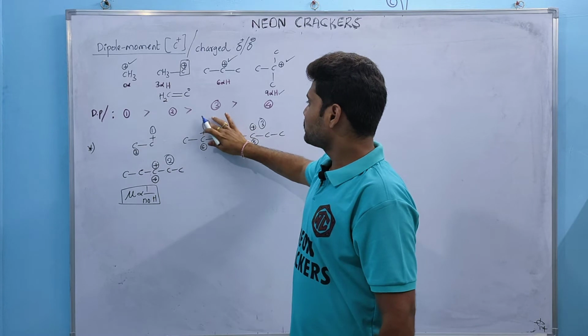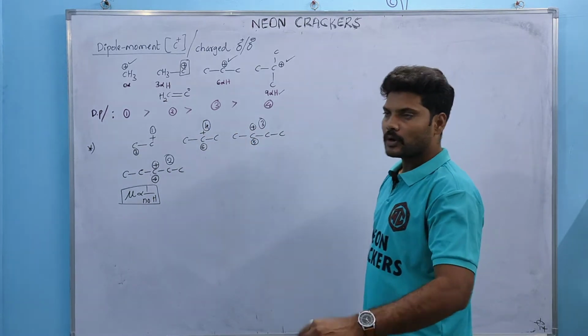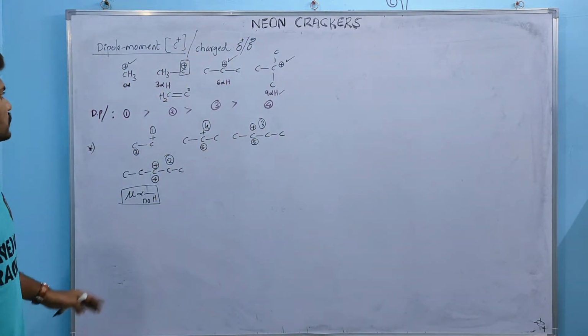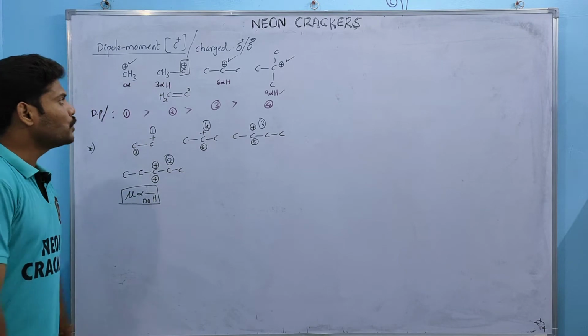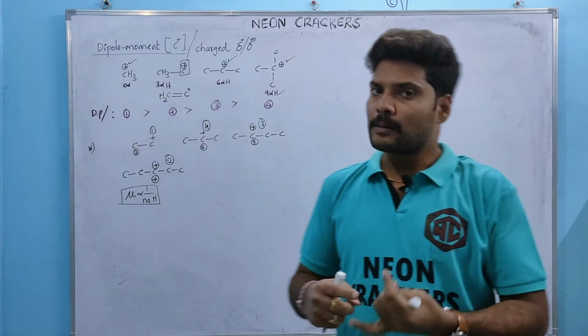More number of times it is getting neutral charge, so compared to the others it is nearly neutral. This is the application of dipole moment, so dipole moment is over.